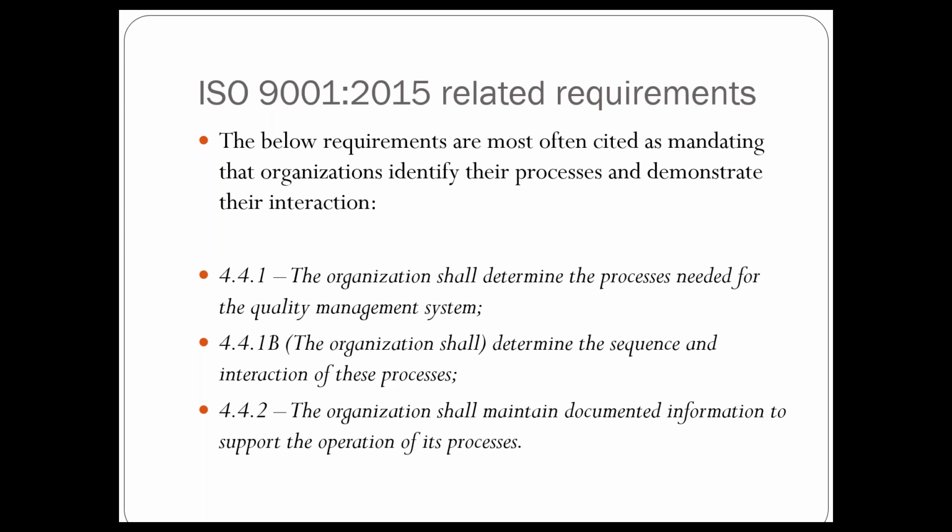And in 4.4.2, it says that you need to maintain documented information to support operation of processes. So those 3 items taken together, PJR's application, if you will, of those requirements states that you must have some form of documented interaction of processes, something that you can point to and say, these are our processes, and this is how they interface with each other.